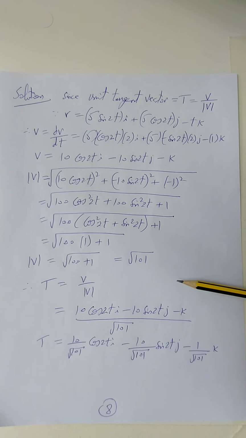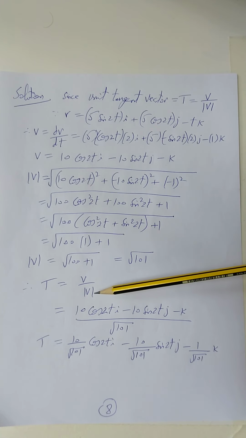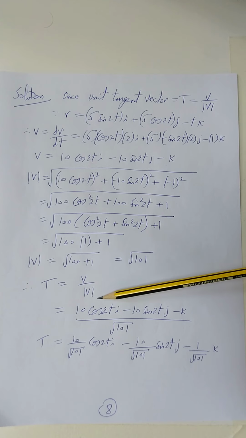It is very simple. Find the velocity vector, then its magnitude, and then the unit tangent vector, which is V over V magnitude.